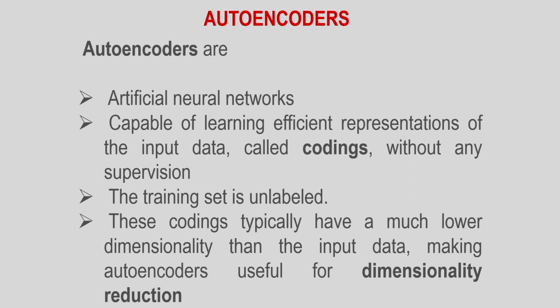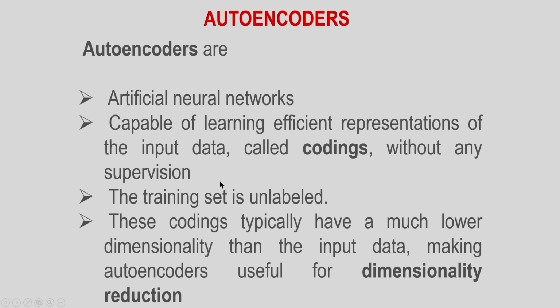And if anyone needs the original data, they can reconstruct it from the compressed data. Here you can see the autoencoders are artificial neural networks capable of learning efficient representations of the input data, called codings, without any supervision. So that is why it is called an unsupervised machine learning algorithm.